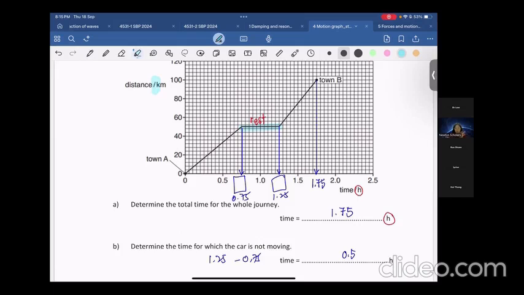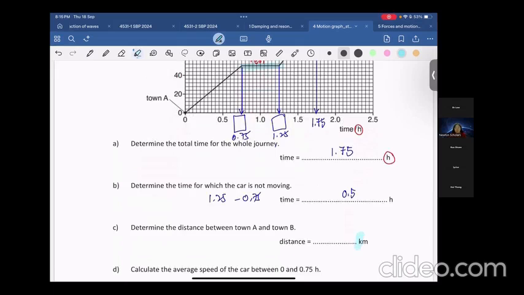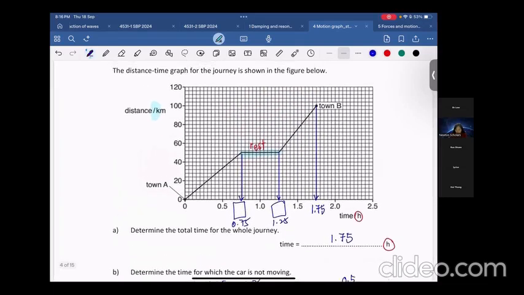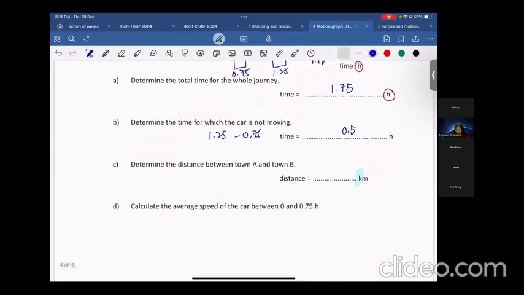Of course, for this question they didn't trick you. Kilometer here is fine. If they give you meter, you have to change. How about others? Were you able to get the answer? From town A to town B, how far? This is the answer. 100 kilometer. Okay, boys and girls, we write 100 kilometer.